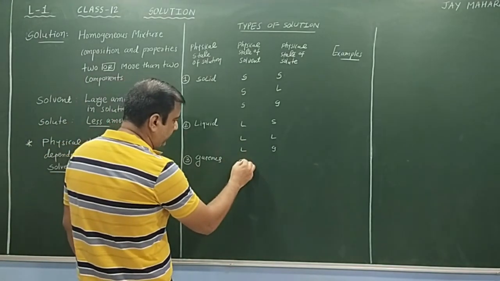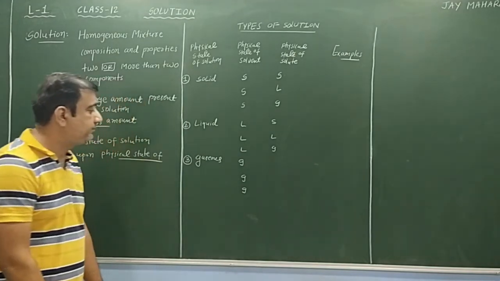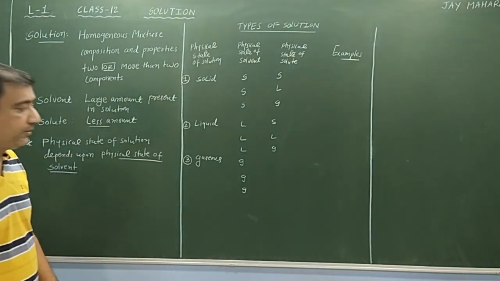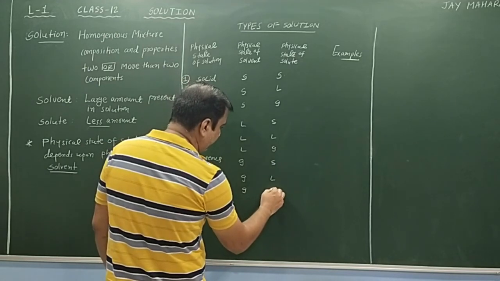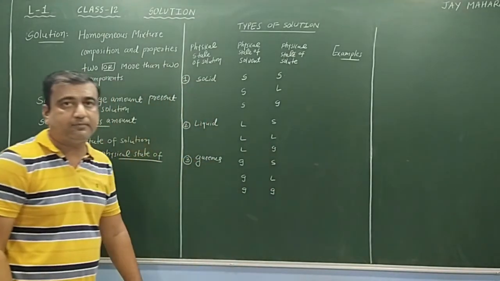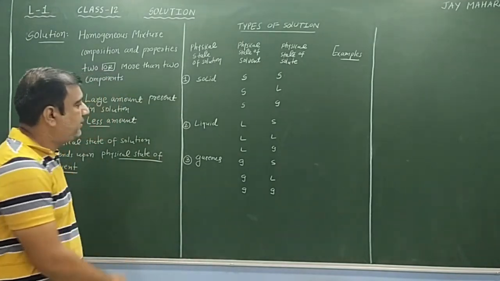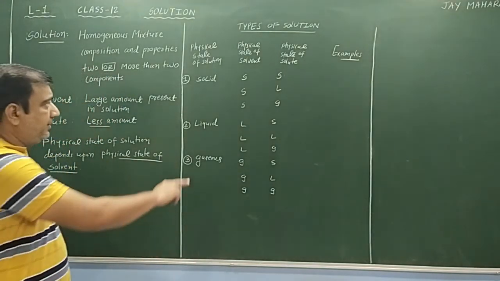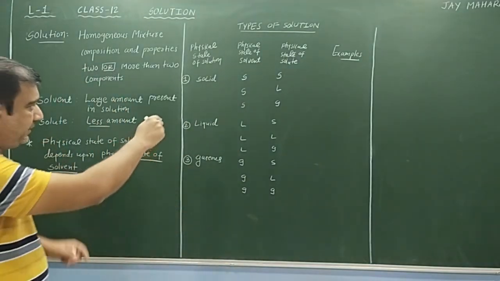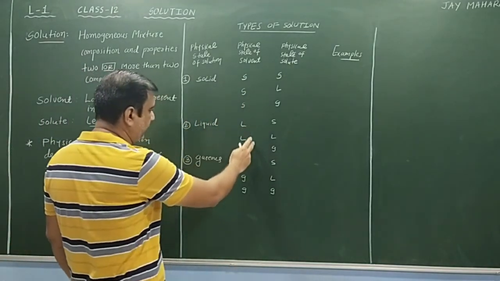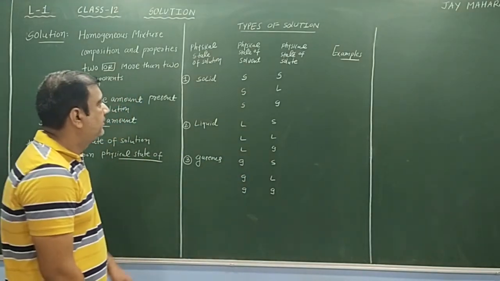The solvent is compulsorily in gas form, and the solute may be in solid form, liquid form, or gaseous form. The three types of solution, solid, liquid, and gaseous, based on physical state can be classified into 9 categories. 3, 3, and 3. Total 9 categories.